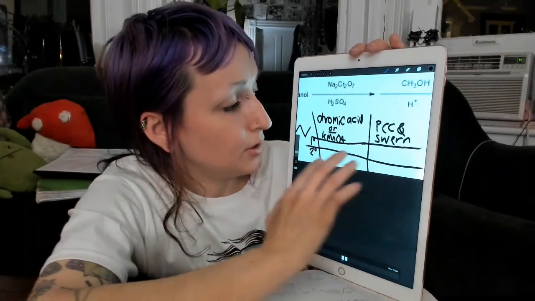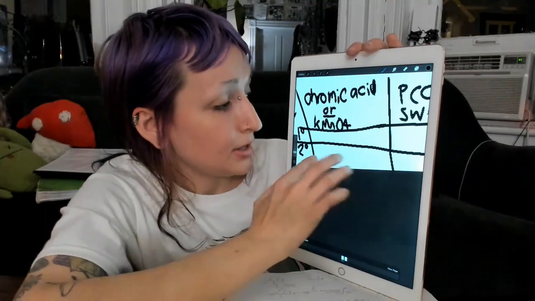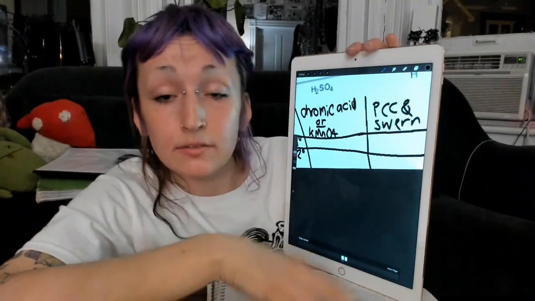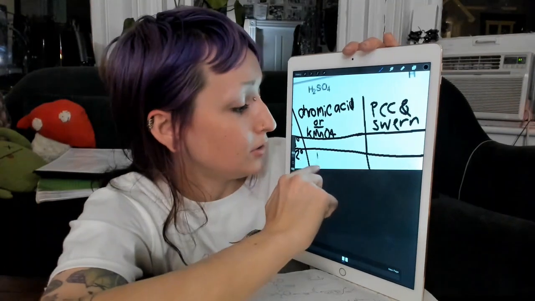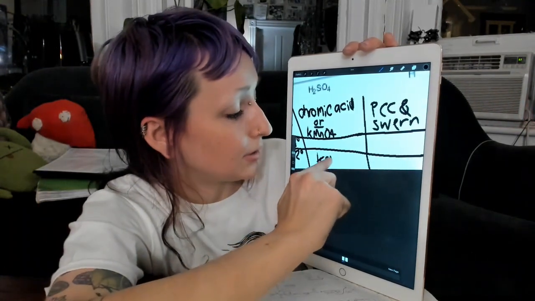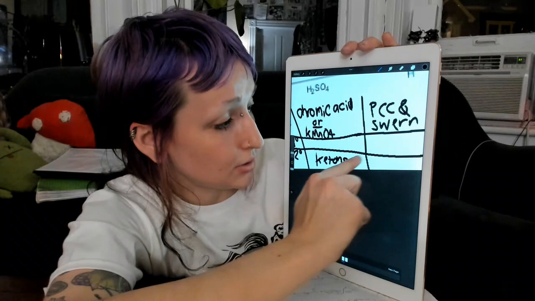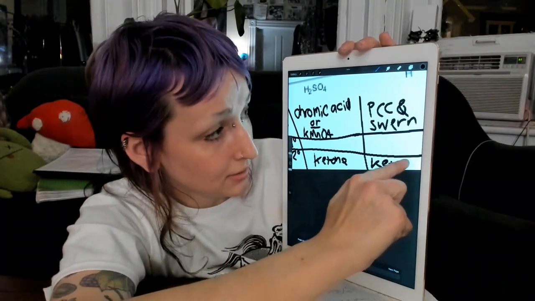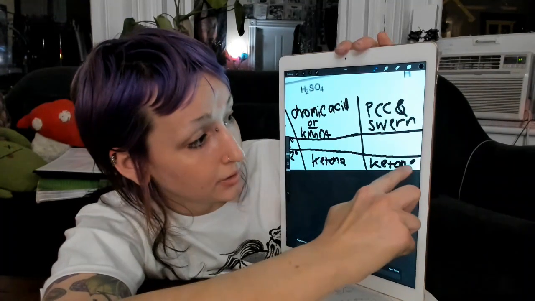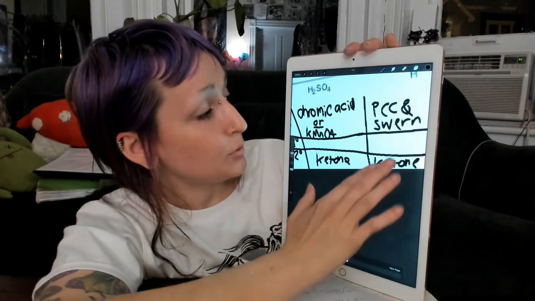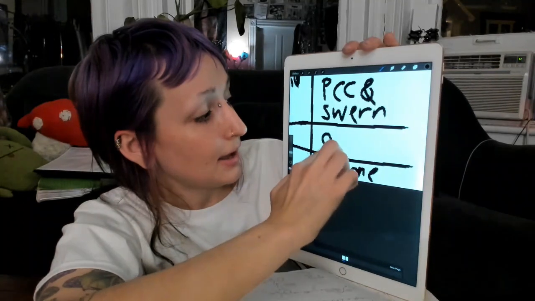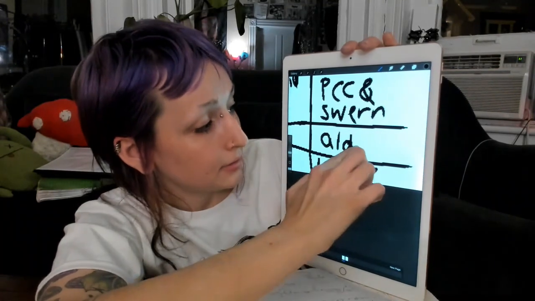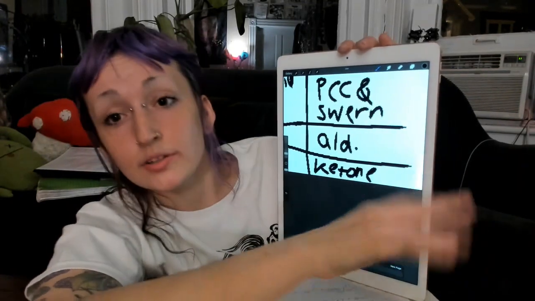This 1 and 2 are designating alcohols. If you react any of these oxidizing agents on a secondary alcohol, you're going to get a ketone, okay? So, ketone, we're going to fill in the bottom part of this chart. If you are using PCC or Swern, you are going to get an aldehyde. Aldehyde, I'm just going to write ald.